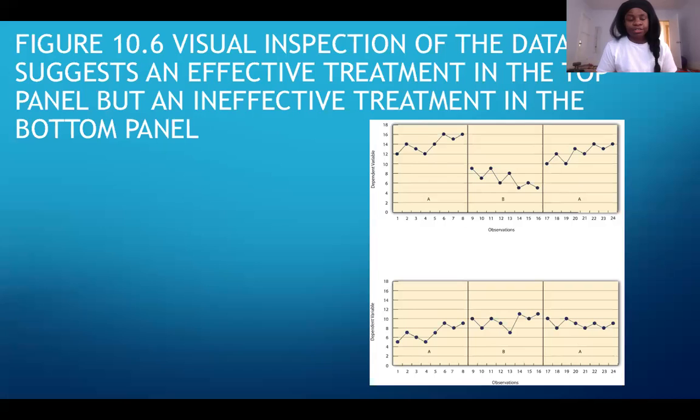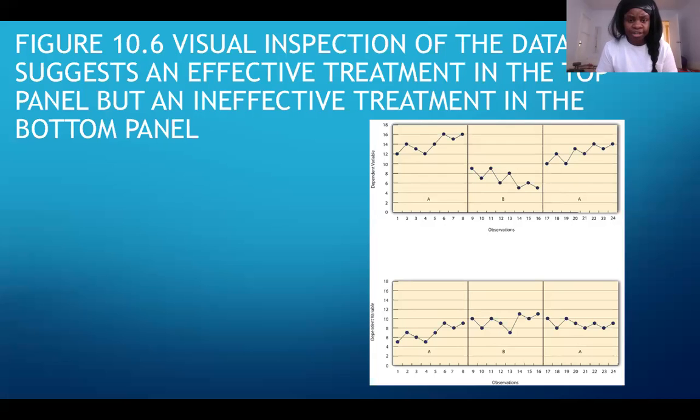Here we have figure 10.6. You can find this figure on page 180 in your textbook, and the book's right there. Again, this is a visual inspection of the data that suggests an effective treatment in the top panel, but an ineffective treatment in the bottom panel. Okay.